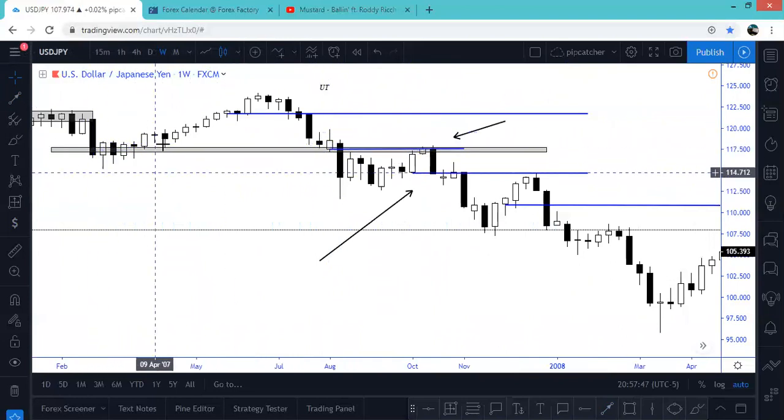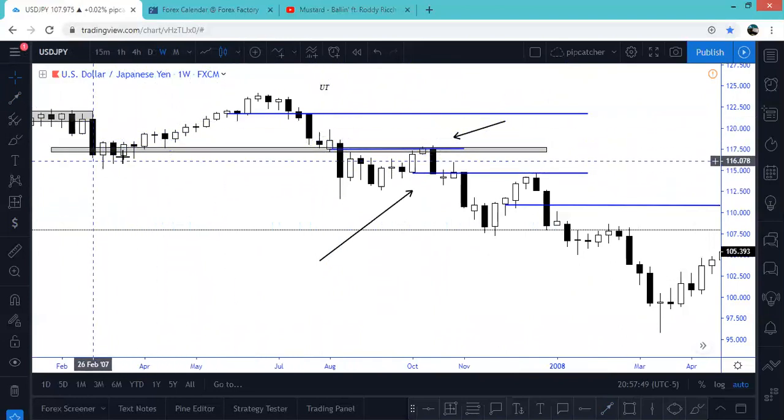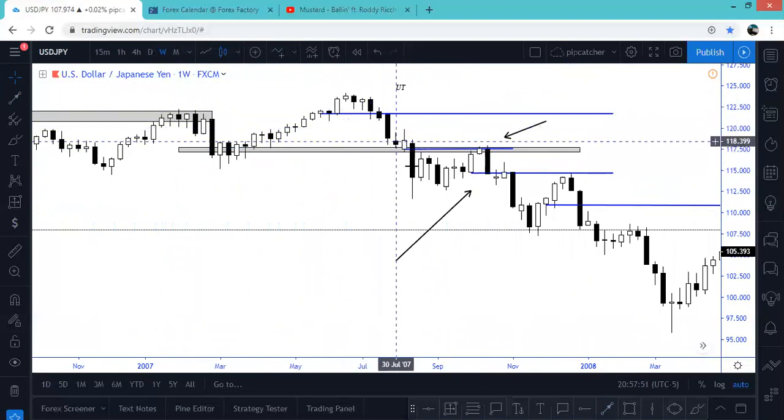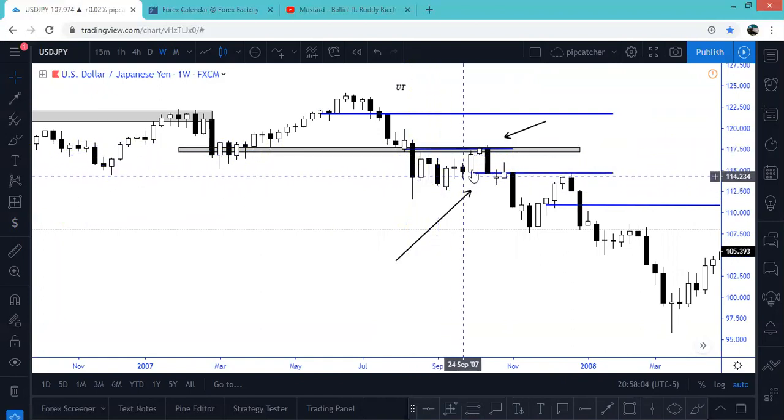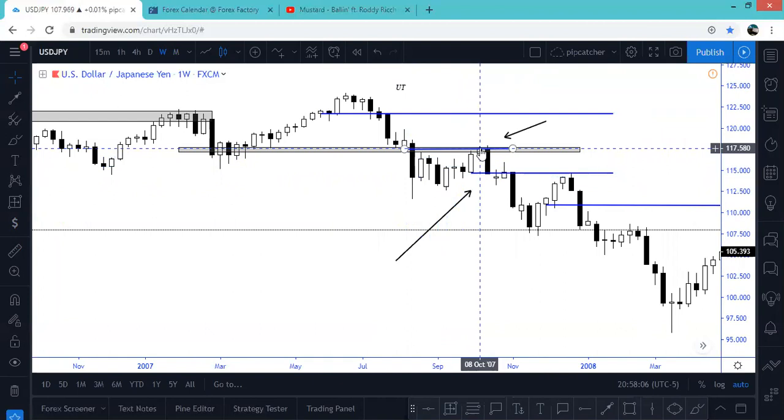In this bearish breaker scenario, we have this weekly engulfed candle, the last up candle before this aggressive down move. What's it do? Comes right back to it.